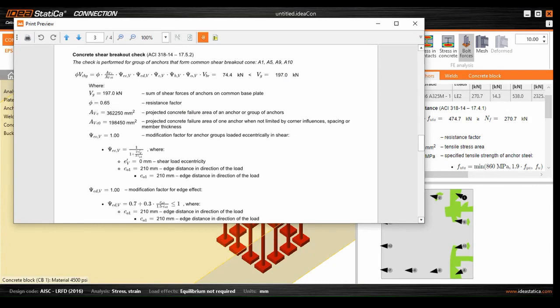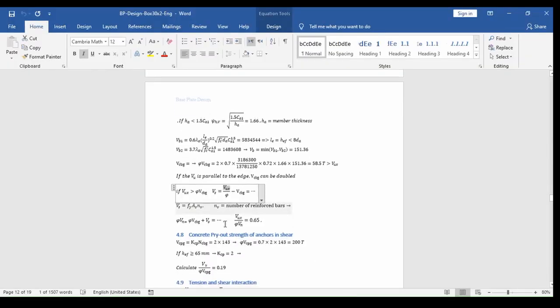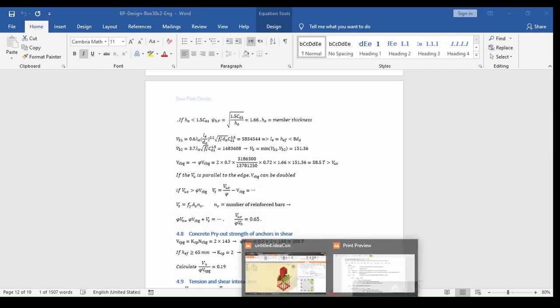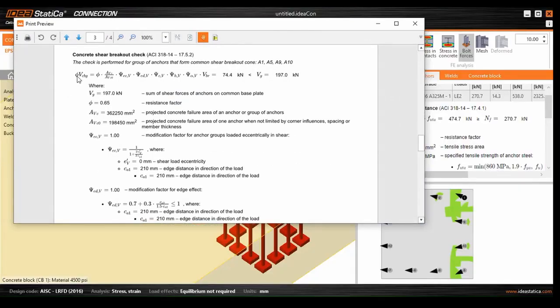So, and here you can calculate Vas, put Vg here as Vux. Here is safety factor minus Vcbg. Vcbg can also be acquired here.